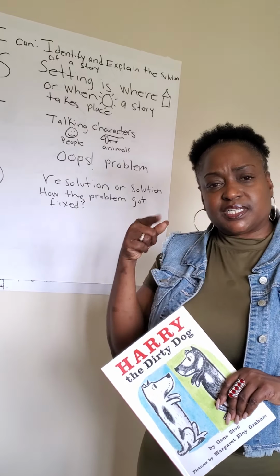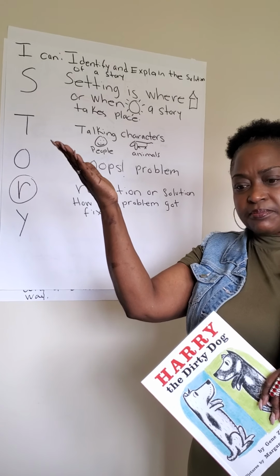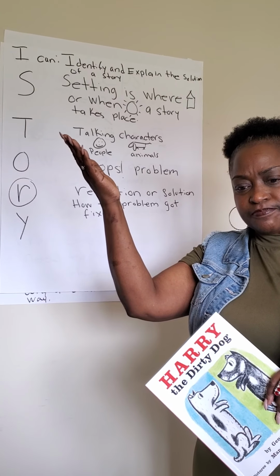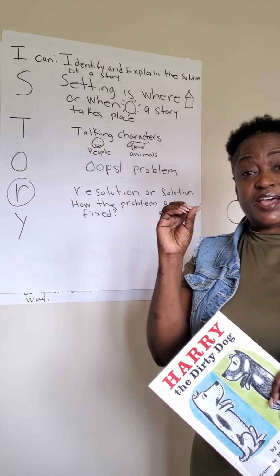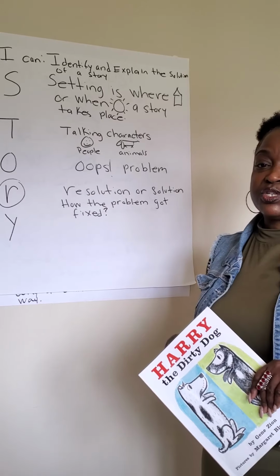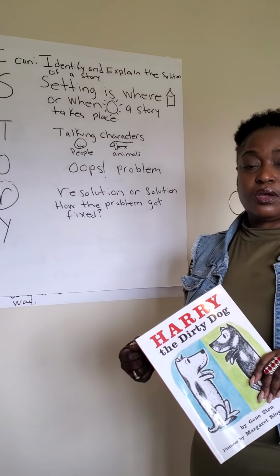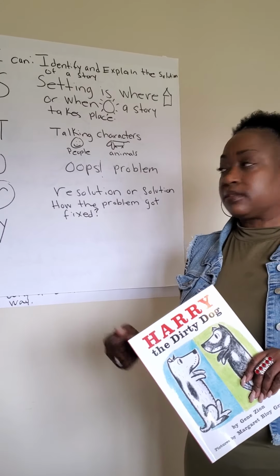Who are the characters? Who's in our story? Who's talking? What's the oops? What's the problem in the story? And once I identify the problem, I know that I can find out what the solution is. So at the end of our story, we want to know what the resolution or solution is.